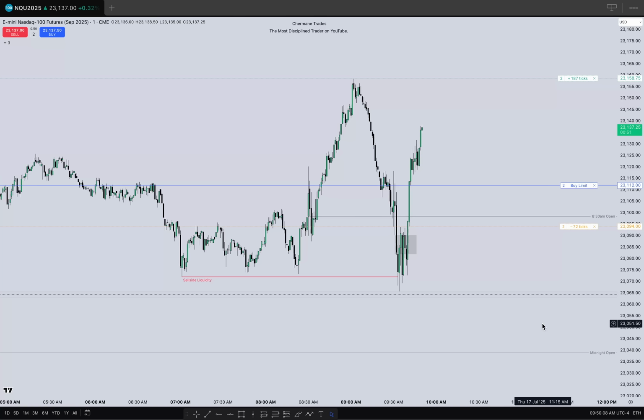It's a beautiful rally. If I was long in here, seeing these fair value gaps stay open, I'm loving that. That's perfect. That's what you want to see when you're in a long. You want to see that strong bullish order flow.